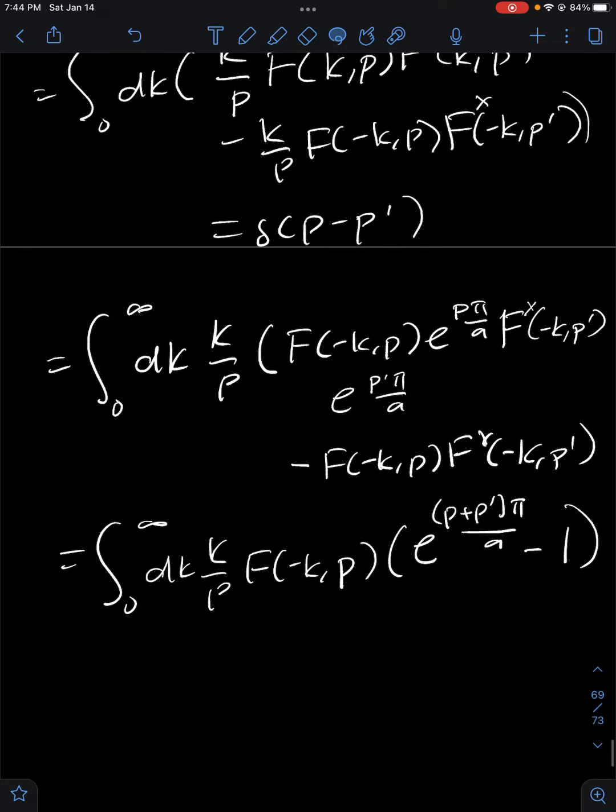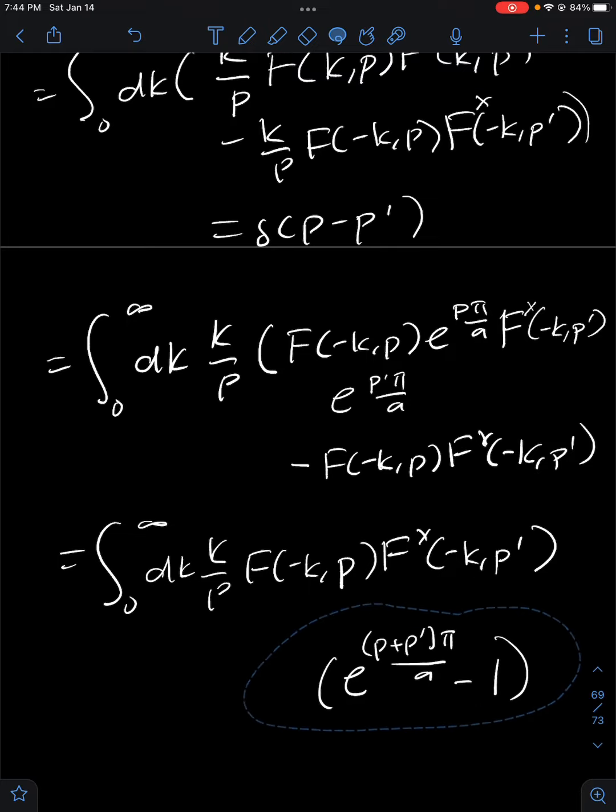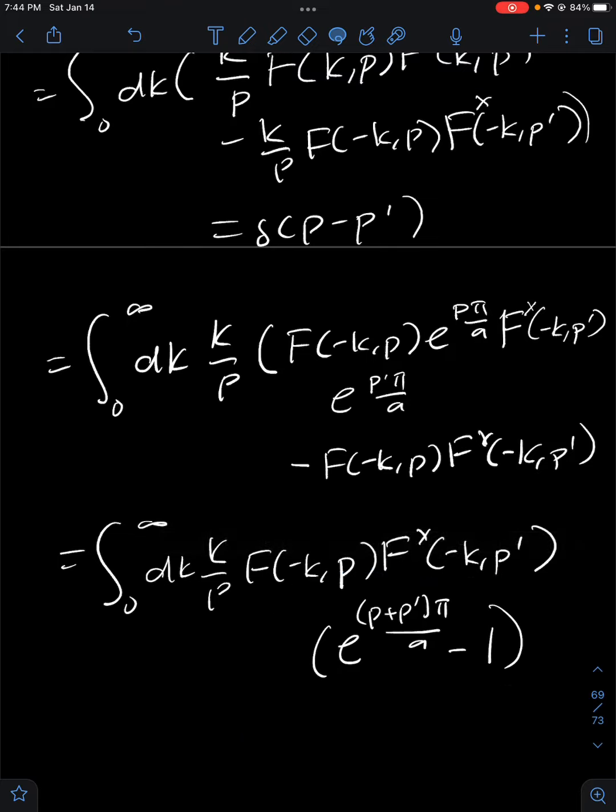Oh, technically speaking, we should have f minus kp f conjugate minus kp prime, and then times this. All we're doing is factoring that out. And that equals delta of p minus p prime.